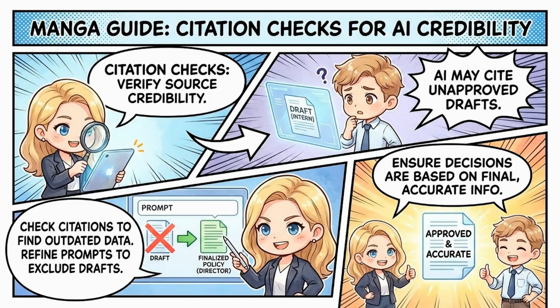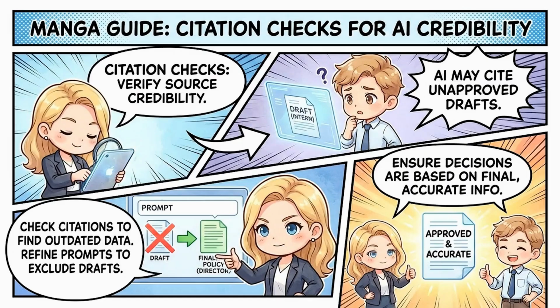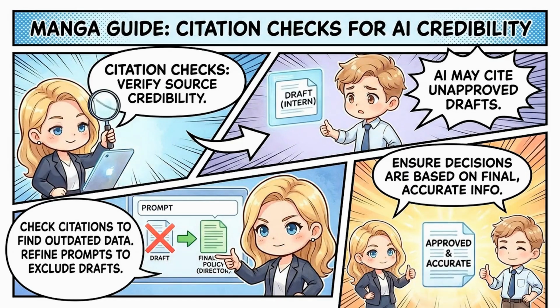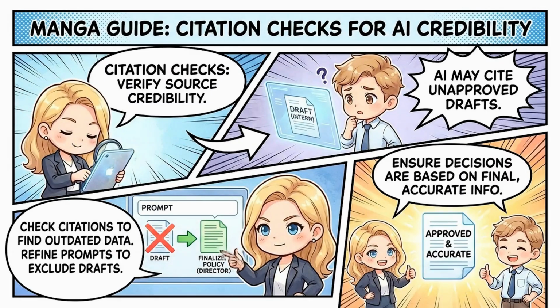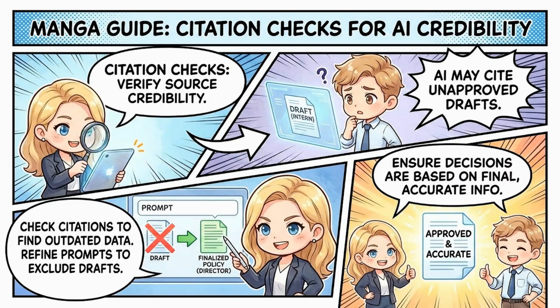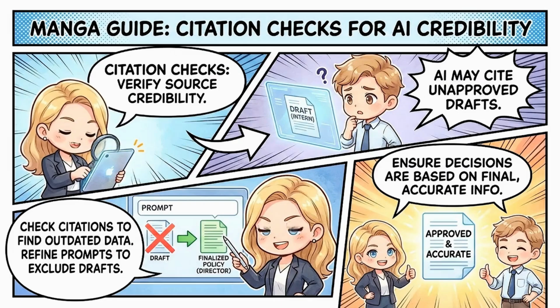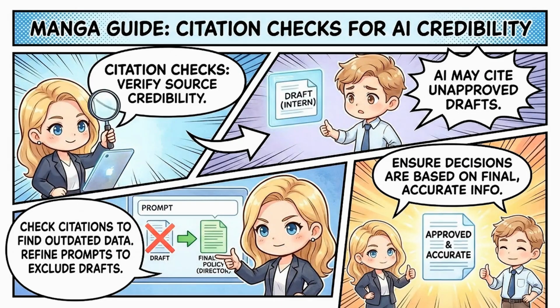By checking the citation, you can quickly identify if the AI pulled information from an outdated or unreliable source. If it did, you must refine your prompt to explicitly exclude the draft document and force the AI to use the finalized version. This critical step ensures that your business decisions are based on the most current, authoritative, and accurate information available, preventing the perpetuation of outdated or unapproved data.